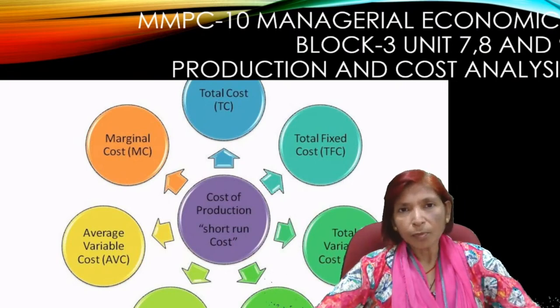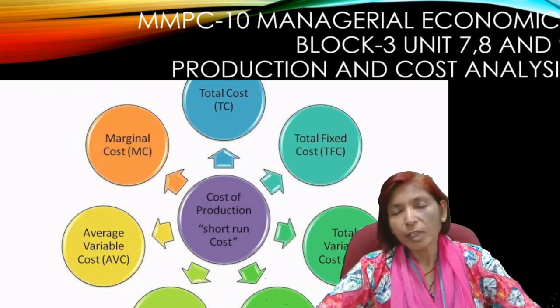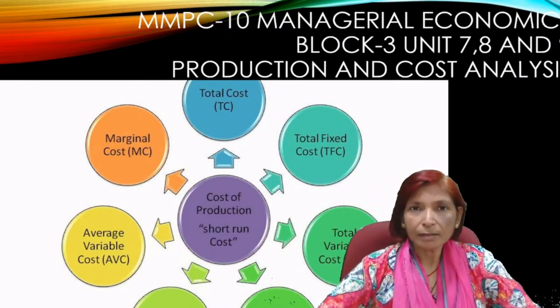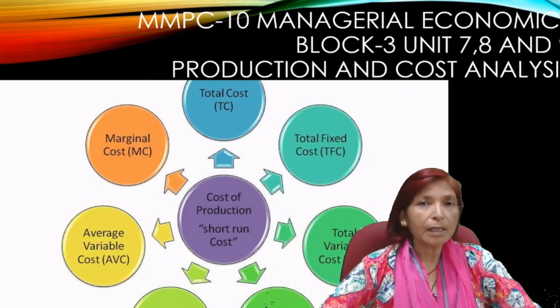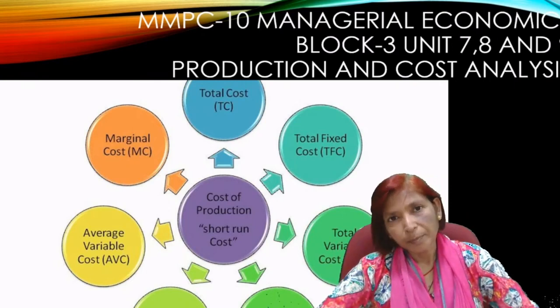Here four factors of production. In these four factors of production, some factors are fixed in nature and some factors are variable in nature. Like land is fixed factor, labor is variable factor, capital is fixed, and entrepreneur is variable.